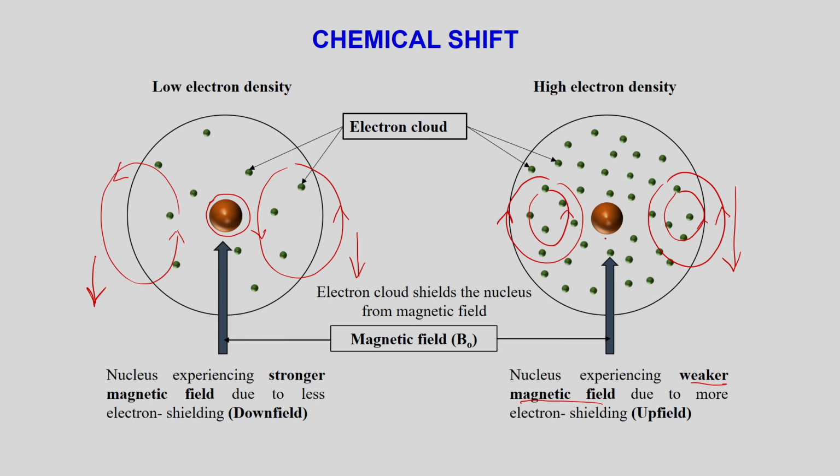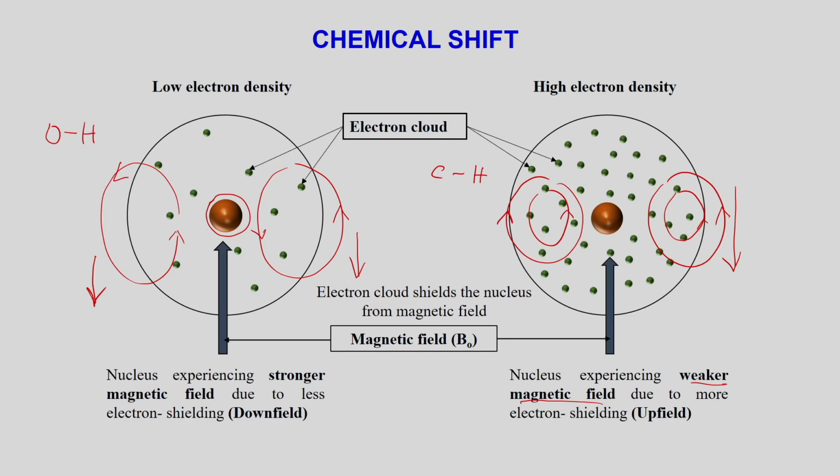While in the other case, with carbon and hydrogen, carbon is quite a bit less electronegative than oxygen, so it will attract fewer electrons towards its side. The electron density remains higher in the neighborhood of the hydrogen. That is why these two different environments behave differently with respect to the incoming magnetic field. This is exactly what is called chemical shift.